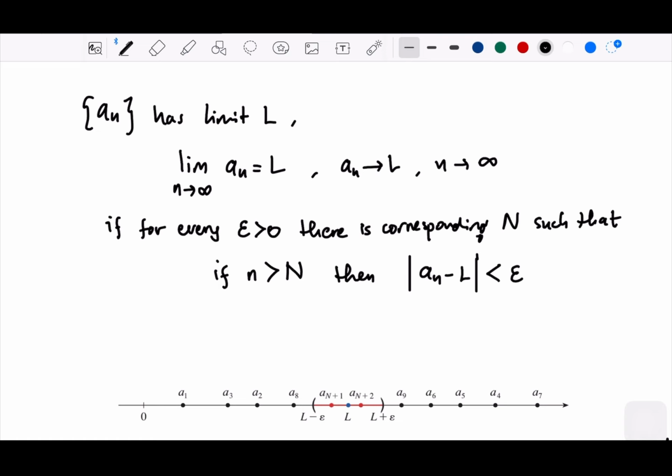In real life we never approach it, but in a limit we have a sense that, since it's a small gap, we could ignore it. But how small that gap is, that is the epsilon. So the difference between an and L is always smaller than that gap.